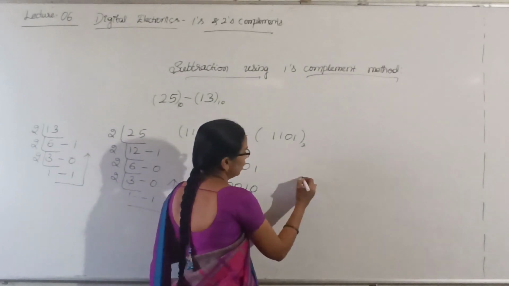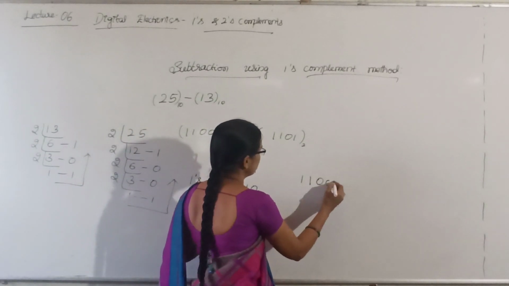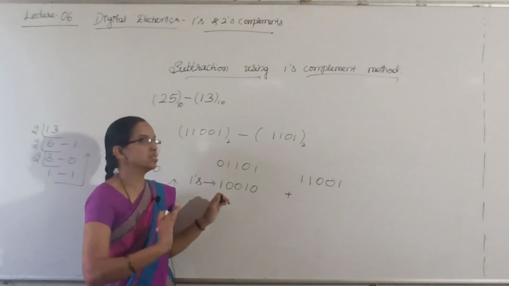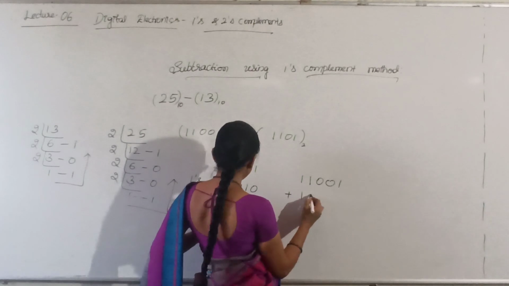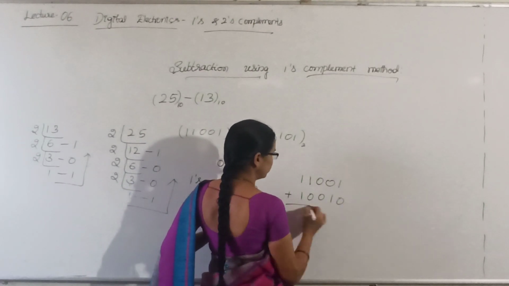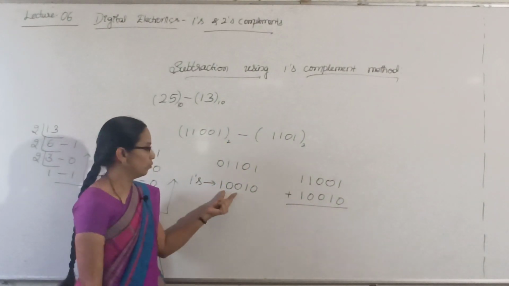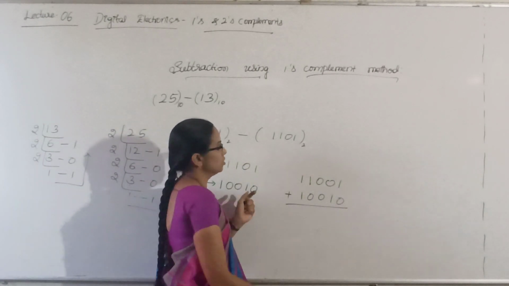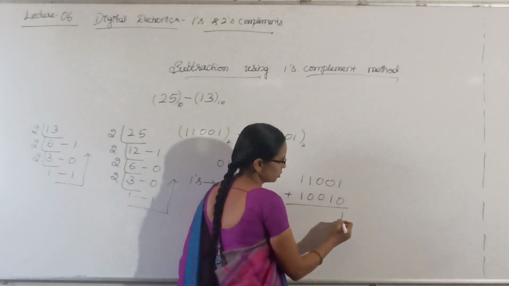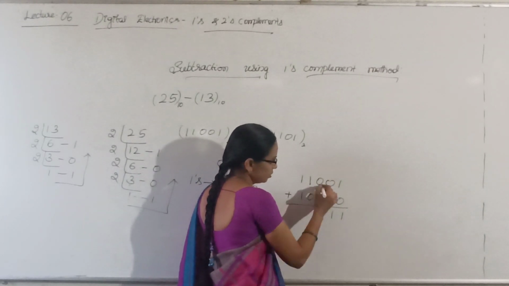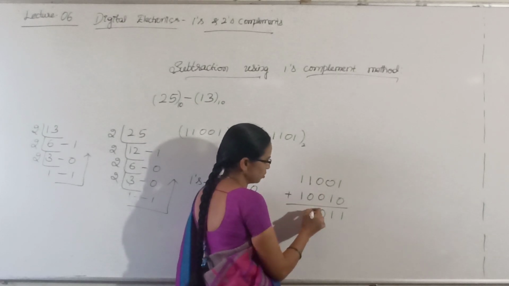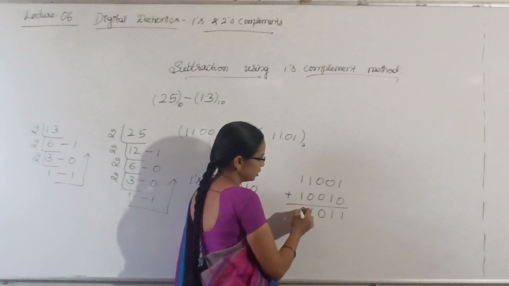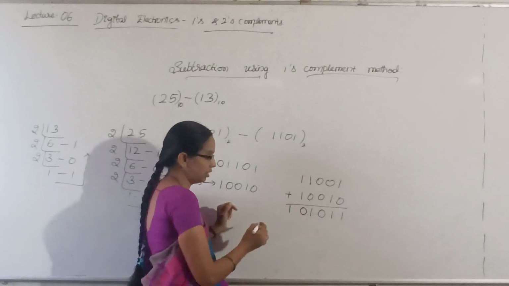Now our minuend is 11001 plus, I will add it, I will not subtract it. After taking the ones complement, I will add it, that is 10010. 10010 is the ones complement of this number. So add it. 1 plus 0 is 1, 0 plus 1 is 1, 0 plus 0 is 0, 1 plus 0 is 1, 1 plus 1 is 0 with carry 1.